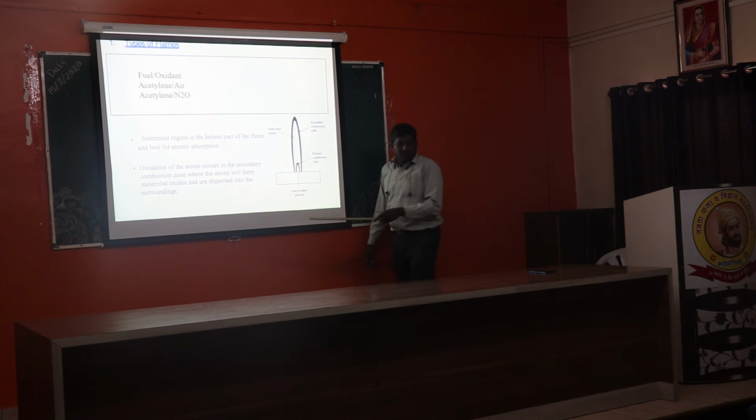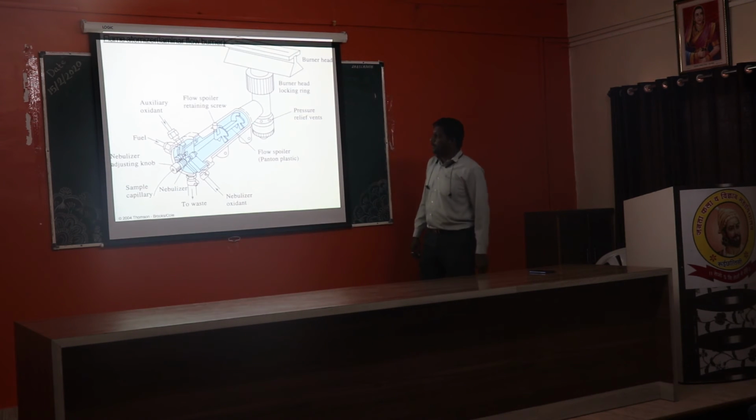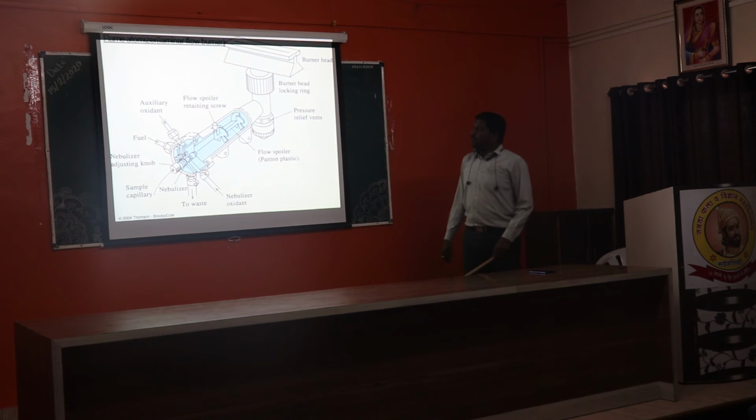Second, oxidation of atoms occurs in the secondary combustion zone, where the atoms form molecular oxides and are dispersed into the surrounding. Next, this is the flame atomizer, laminar flow burner.